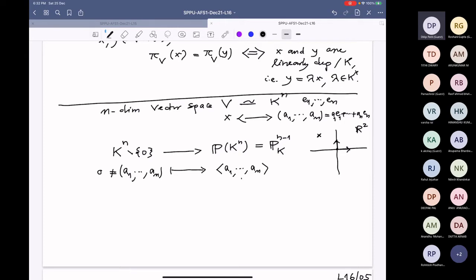In that case, this is the same as (a1, ..., an minus 1, 1). I can divide by that and I get the same line. Therefore, it is used. So these are called the projective coordinates. And these are affine coordinates.